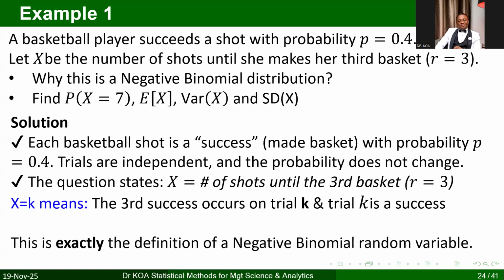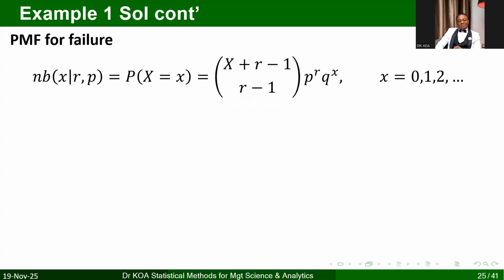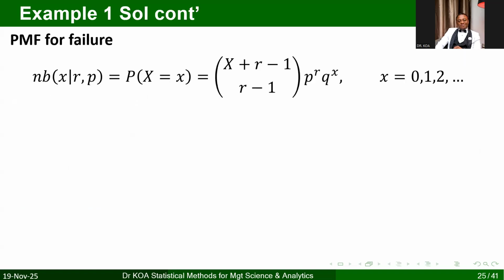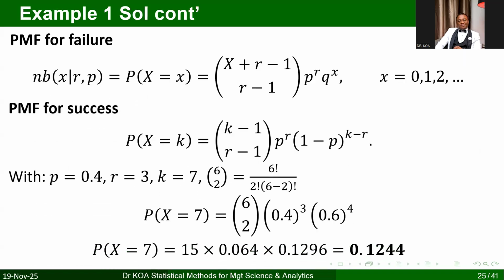Is it the number of times she will throw the ball in the basket, like the third time? It is the number of times until she makes her 3 shots. Successful shots. Yes, successful shots.